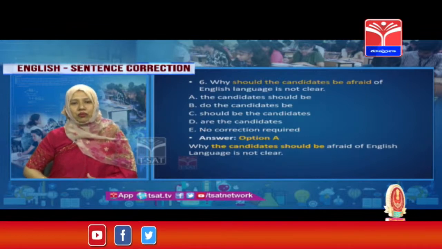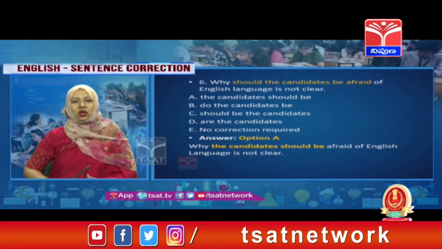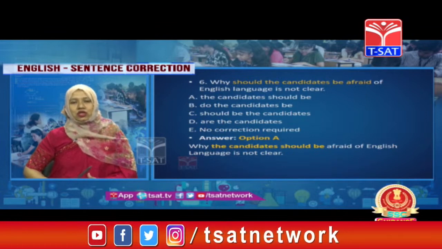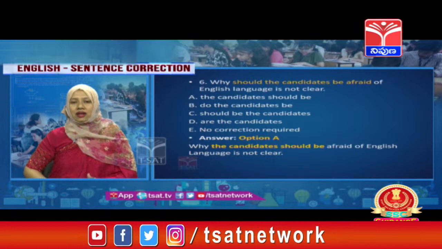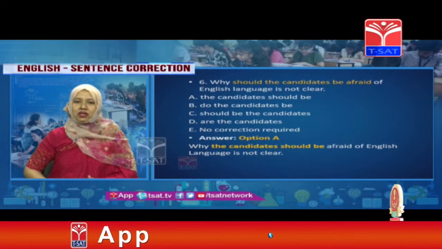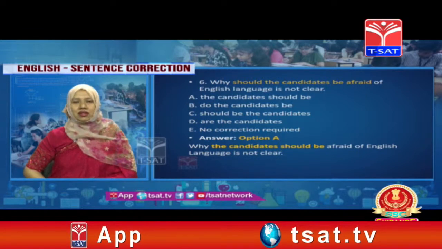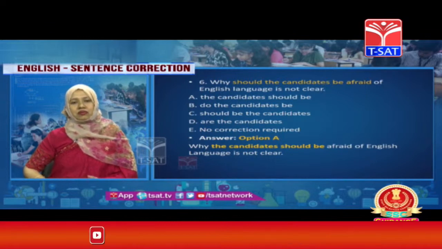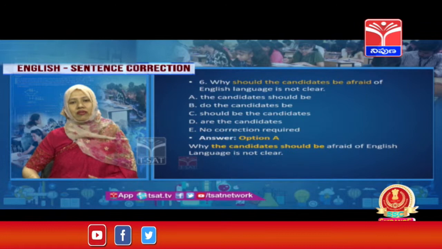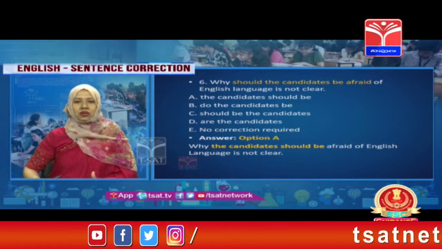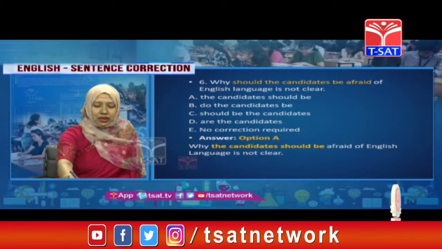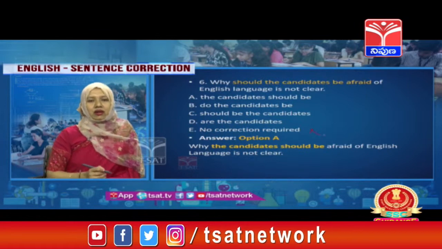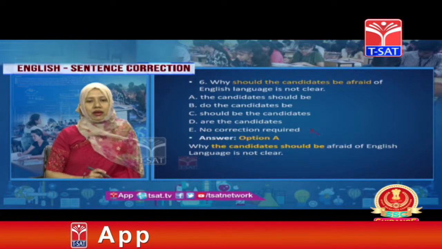The candidate should be, do the candidates be, should be the candidates, are the candidates, or no correction is required. Now always remember a simple rule, the modal verbs are used after the nouns. So there is a mistake here. Option E, no correction required, is eliminated.